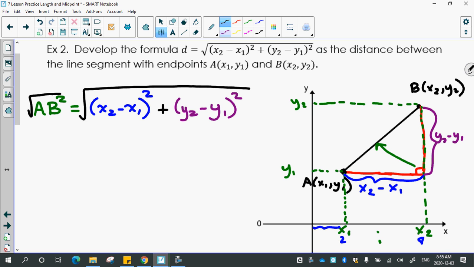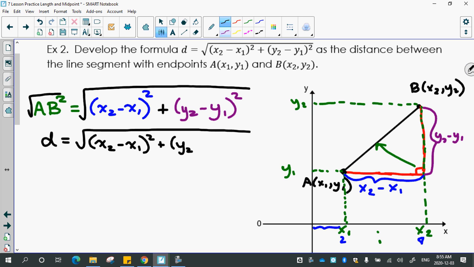And the formula, instead of calling it the distance from A to B, since these could be any points, they just use a small letter d. So the distance between 2 points can be found using this formula: the square root of x2 minus x1 squared plus y2 minus y1 squared.